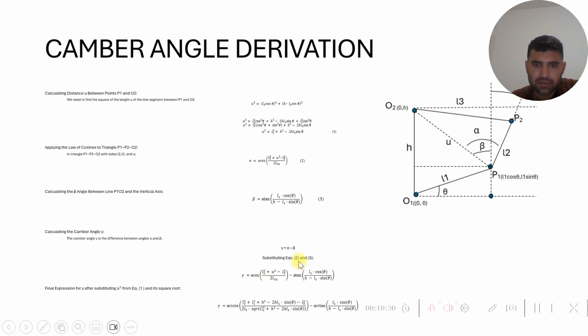We substitute equation 2 and 3, and here we get alpha, this one, minus beta, this one. After that we place the value of u square here, and this is our gamma for the camber angle. So this is how we basically derive the camber angle.